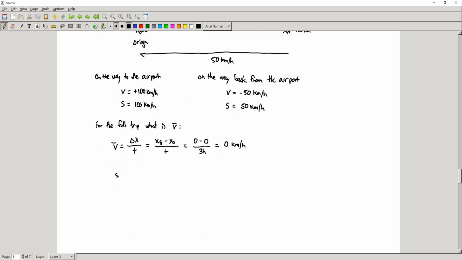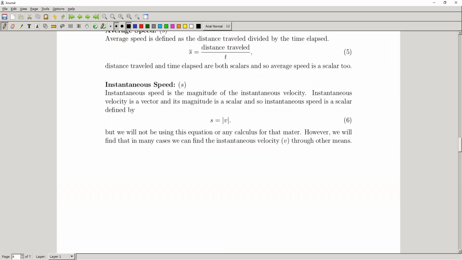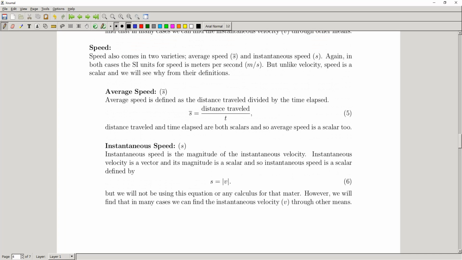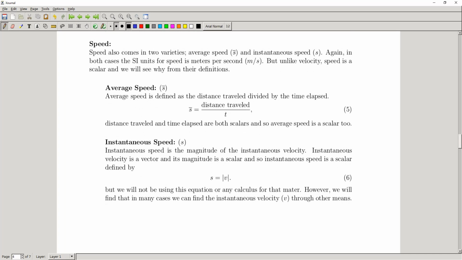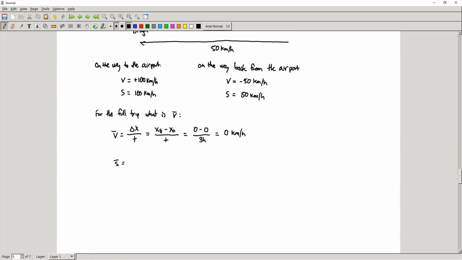What is the average speed, though? And let's quickly look up here. Let's remind ourselves that the average speed is given by the distance traveled divided by the time it took to make that trip. So we have distance traveled over the time it took to make that trip.